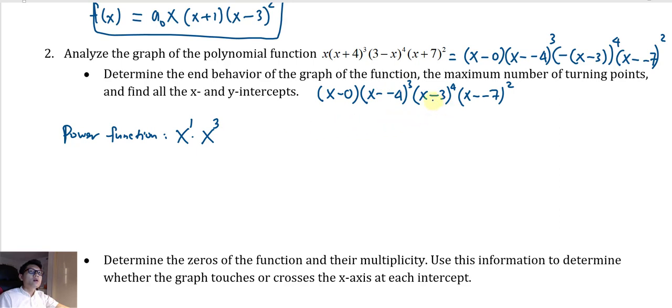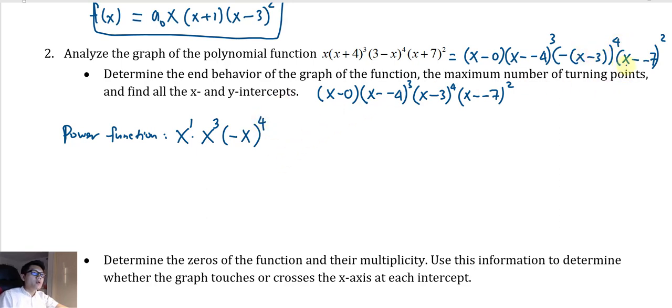The next one would be the x to the 4th power. But don't forget the minus here, because we still have the minus in front of the x term. The minus still stays in front, so minus x, and then we take the leading term to the power of 4.